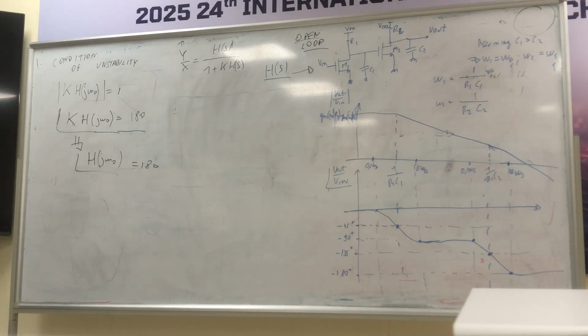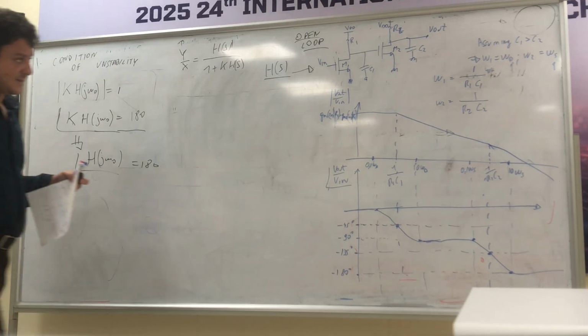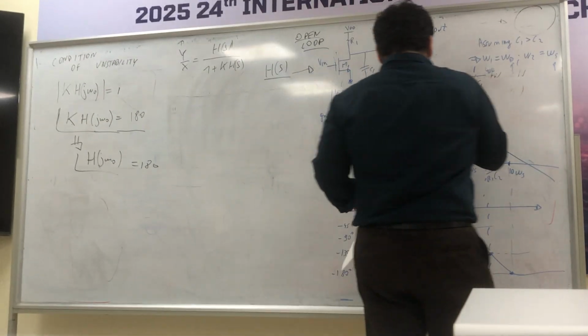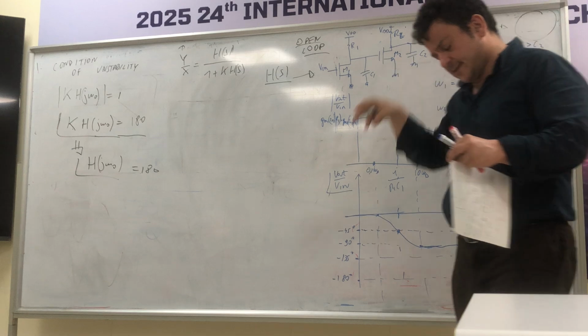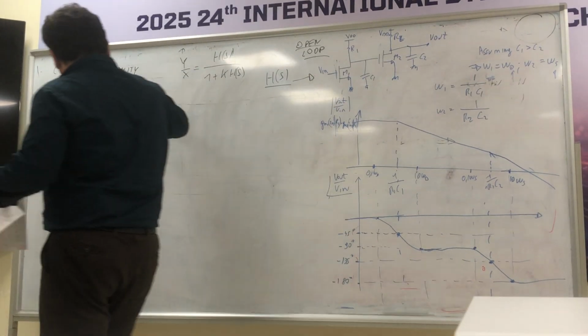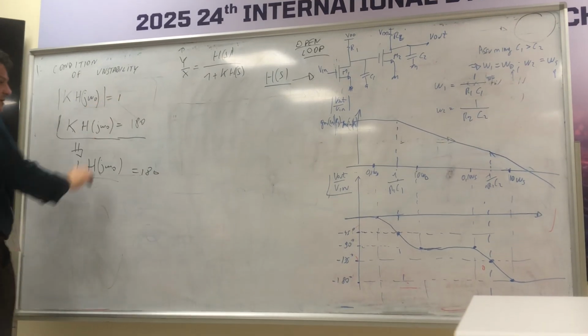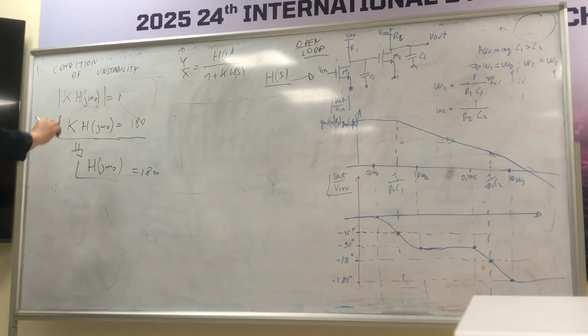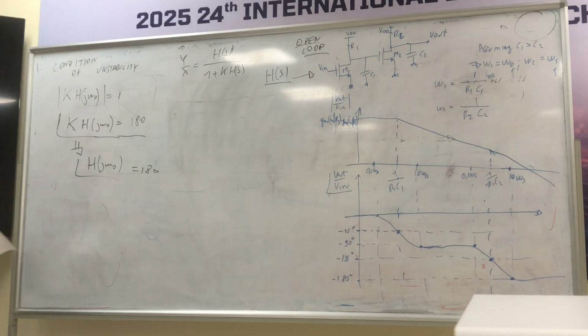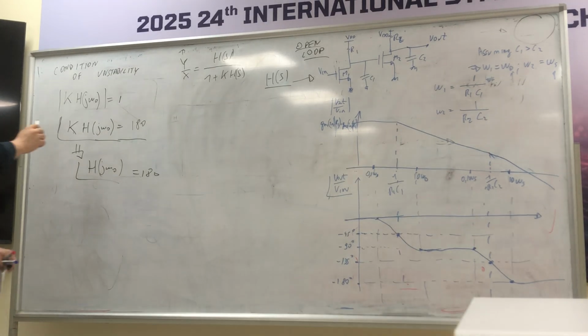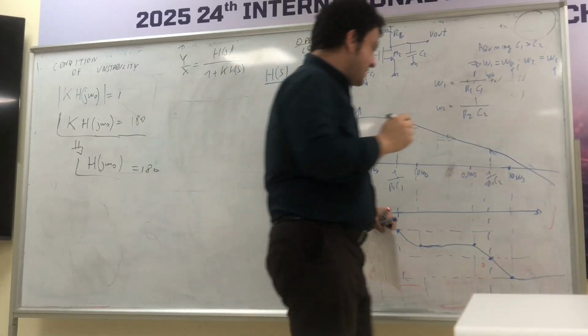So is there a risk of going into instability or not? Let's see whether this condition can ever be verified, when the gain is equal to 1. So I need to be far from this condition of instability when the gain is equal to 1. Gain is equal to 1 here.